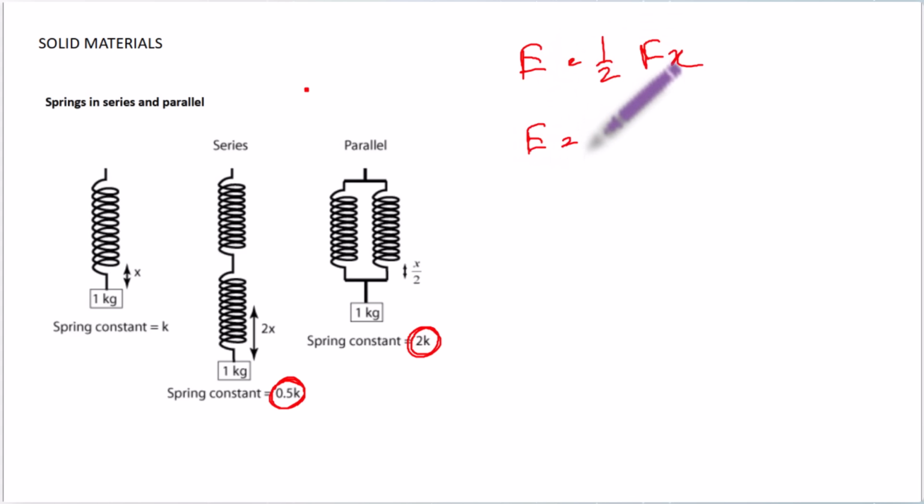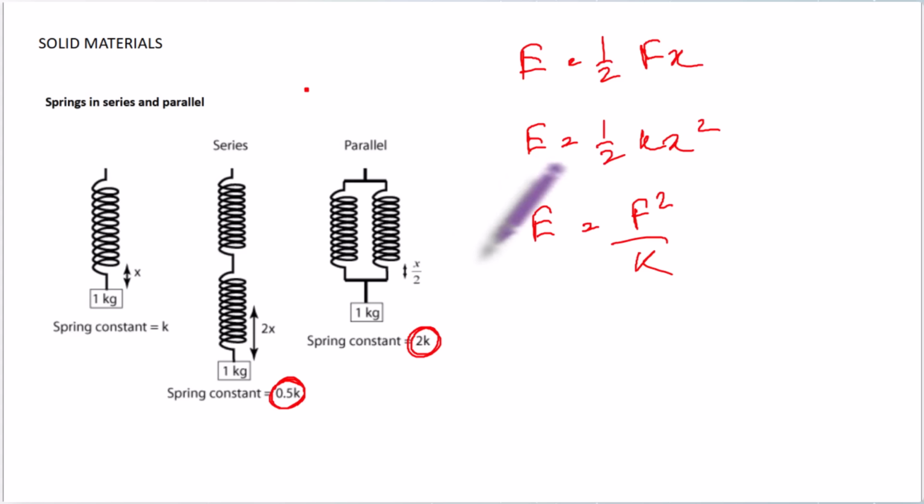The other one is E equals half kx squared, and the third one is E equals half F squared by k. This one is not very common, but I have seen several questions where you have to use only this one, half F squared by k, to calculate the energy stored.